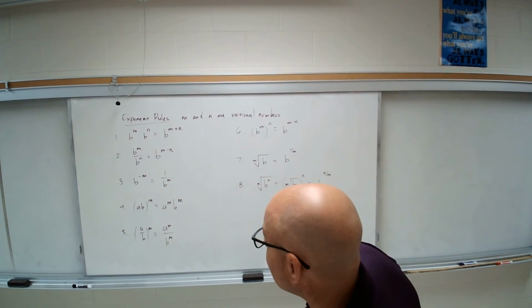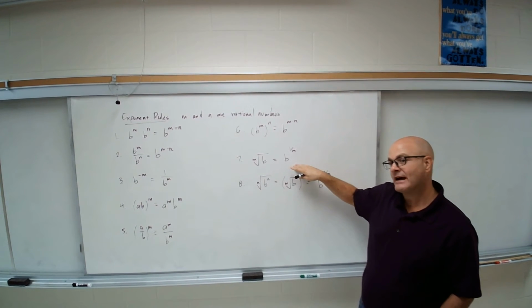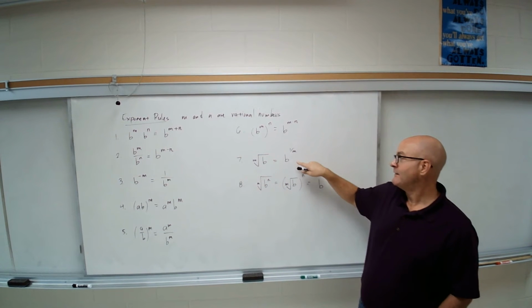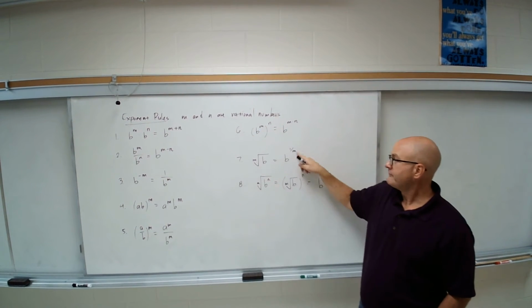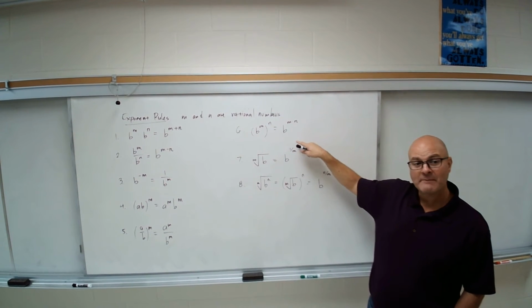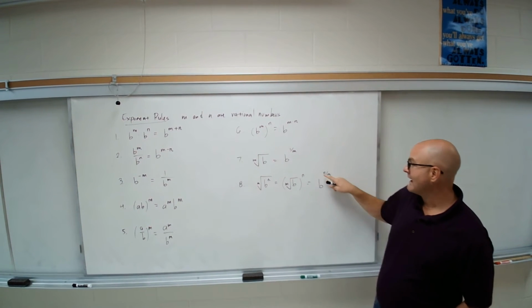And then we want to be able to convert between radical notation and rational exponent notation. If you have an mth root of some base, that's like taking it to the 1 over m power. A lot of times, though, you'll have a power like n over m.